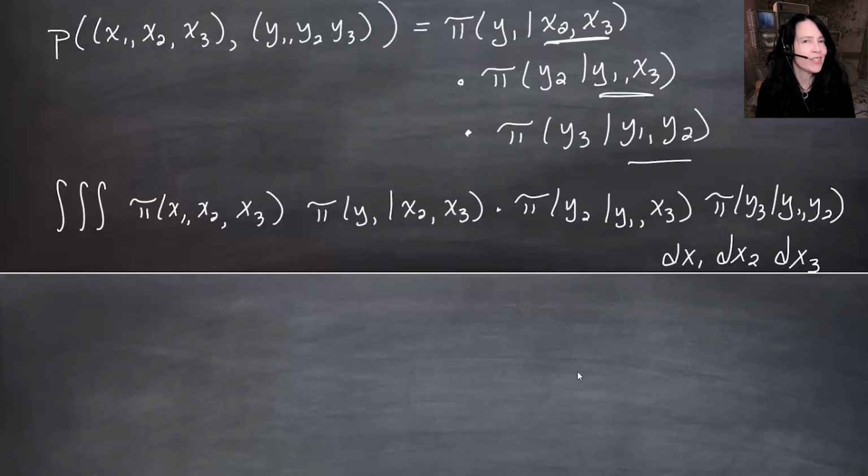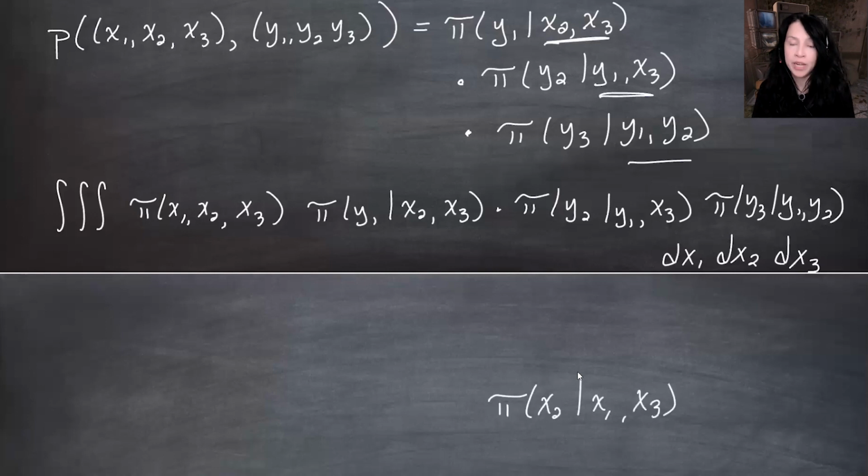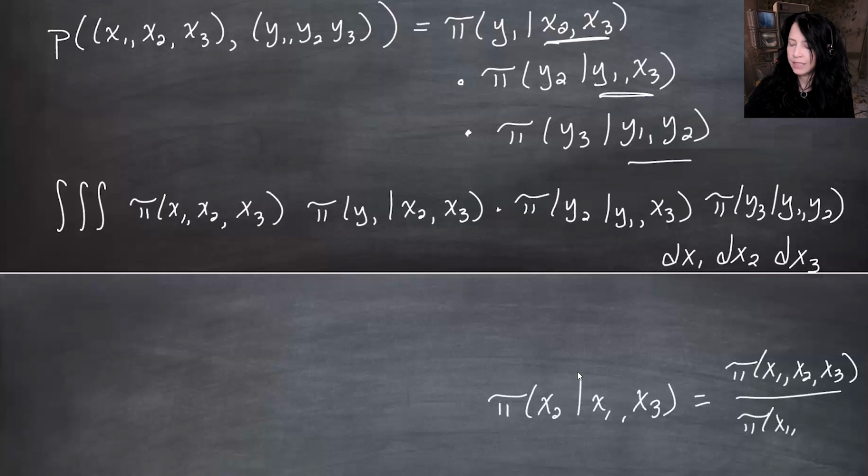I probably should have spent more time setting up notation before starting this, because I did say we're using the arguments to describe the distribution. So, for example, pi of x2 given x1 and x3 is supposed to be the conditional PDF for x2 given x1 and x3. It's supposed to be the 3-way PDF over the 2-way PDF. But now I'm plugging y's in.